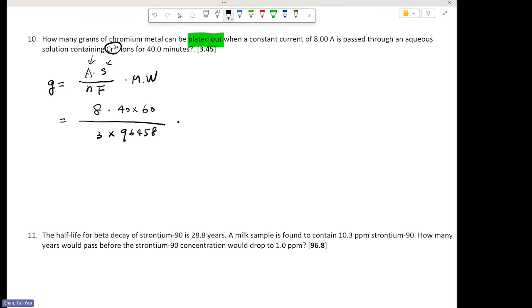Of what? What's the product? Yes, chromium metal. So you check the molecular weight of chromium, which is 51.996. Once you do the calculation, you get a value of 3.45 grams.